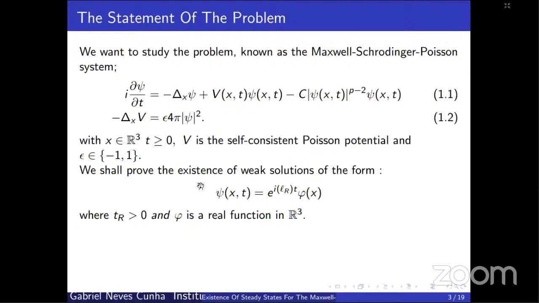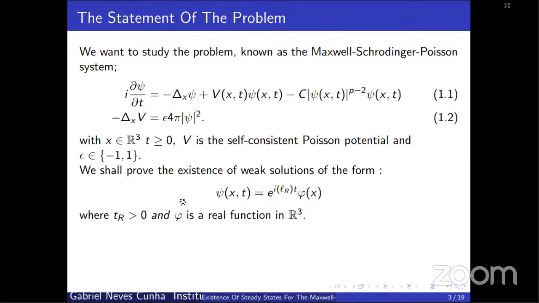They are called standing waves solutions, right, to the problem. We are going to seek solutions for E equals 1, which comes from the physical applications. So E equals 1 is the repulsive case, and E equals -1 is the attractive case.